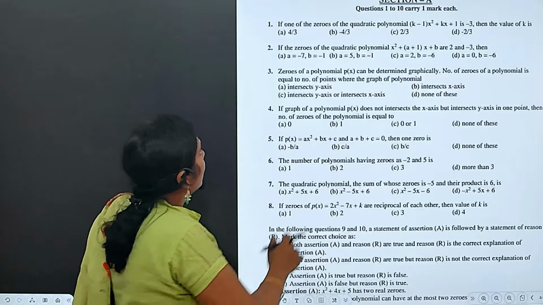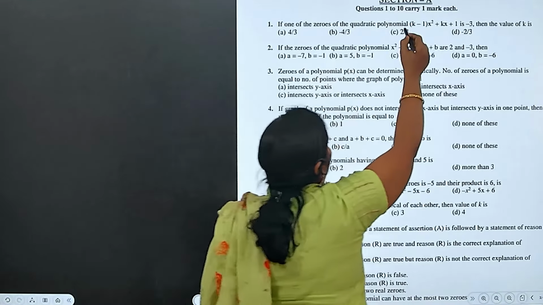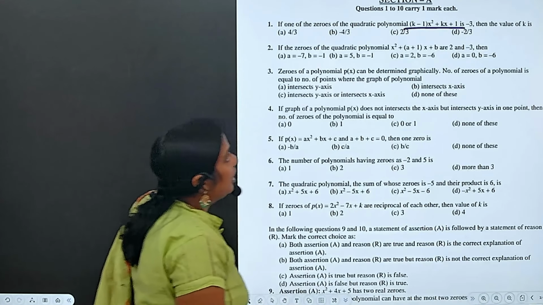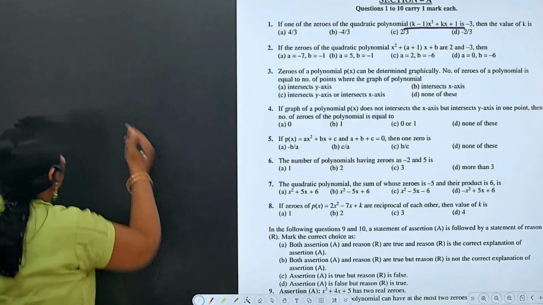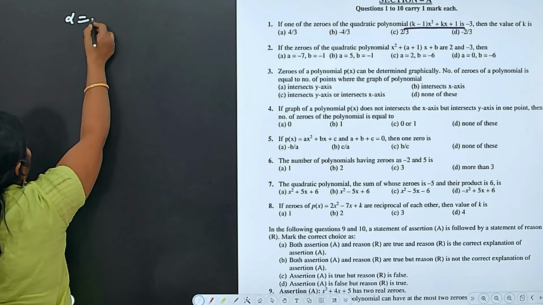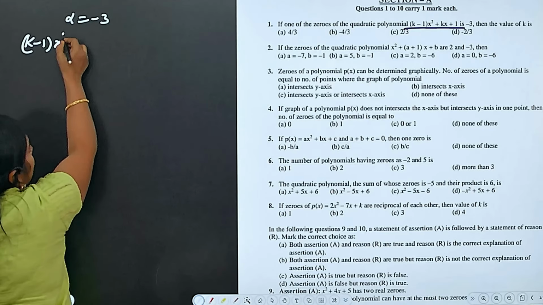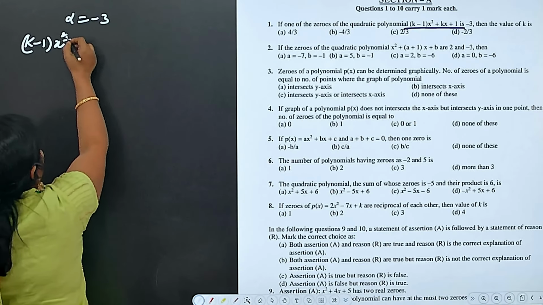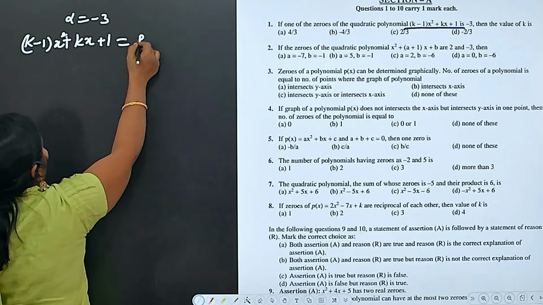First question, one of the zeros of the quadratic polynomial k minus 1 into x square plus kx plus 1 is minus 3. One of the zeros means alpha equal to minus 3. This is the polynomial.